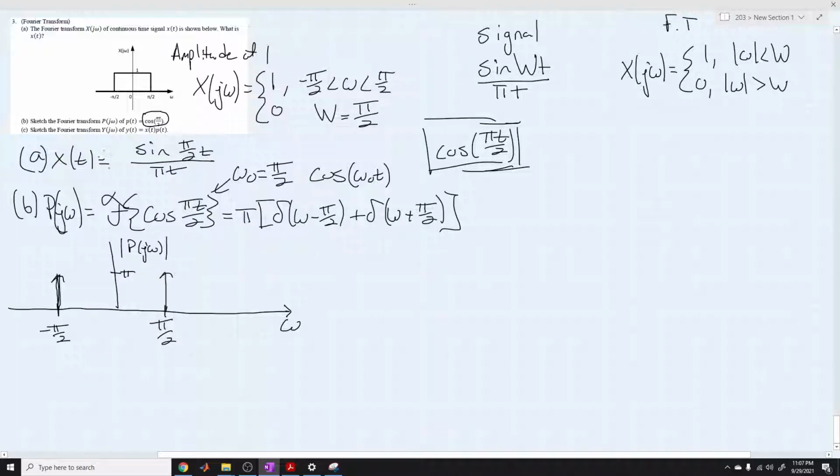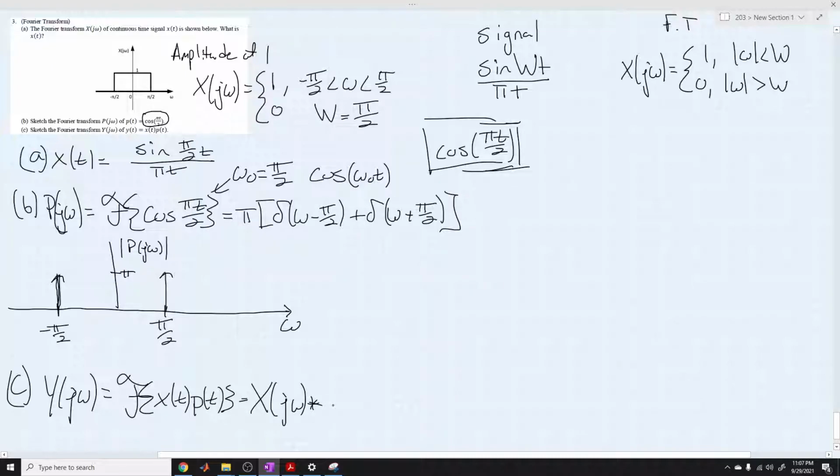Now, for part C, sketch the Fourier transform Y of j omega. So we have Y of j omega is equal to the Fourier transform of x of t times p of t, which is equal to the convolution of X of j omega and P of j omega.